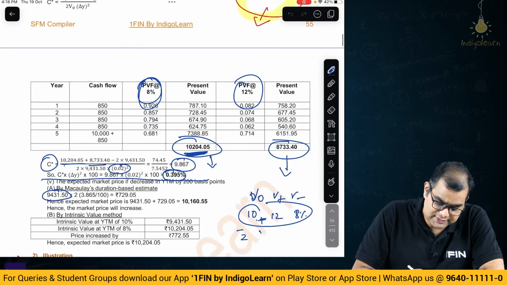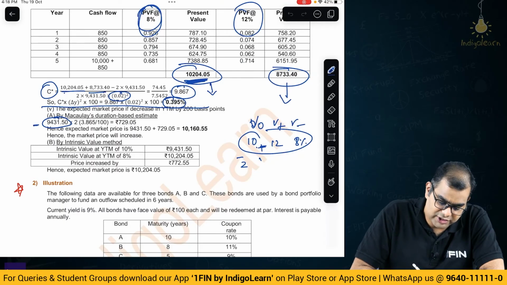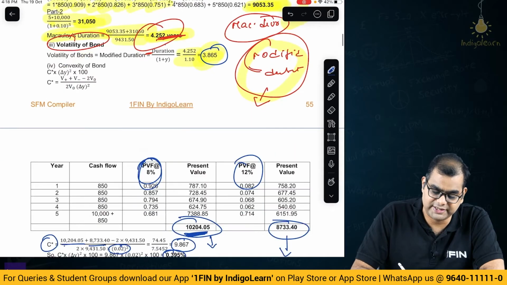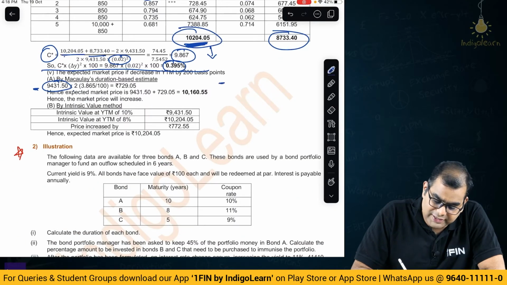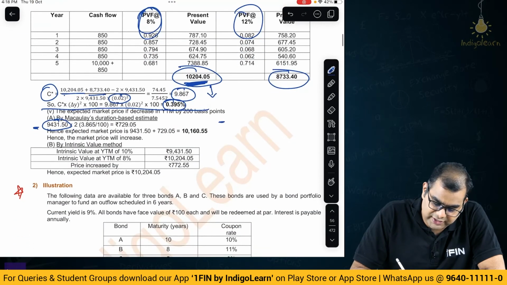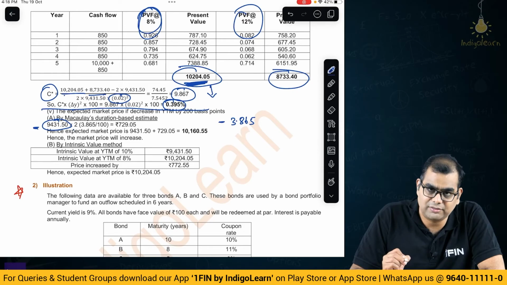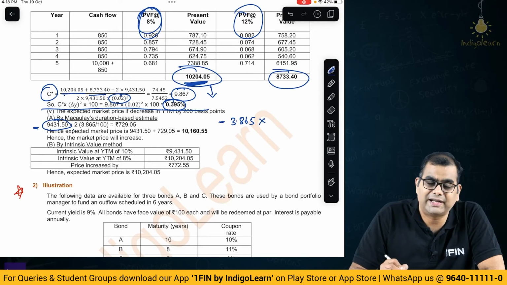So, modified duration into delta y. What is modified duration? 3.865. So what you get is minus 3.865, which is basically your modified duration, into delta y. What is the change?